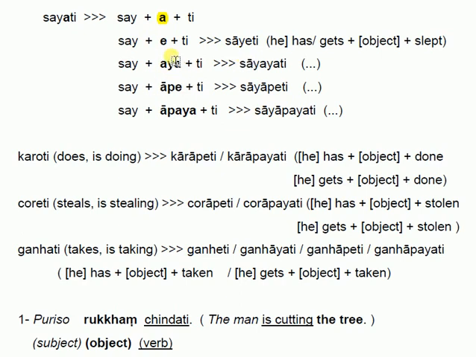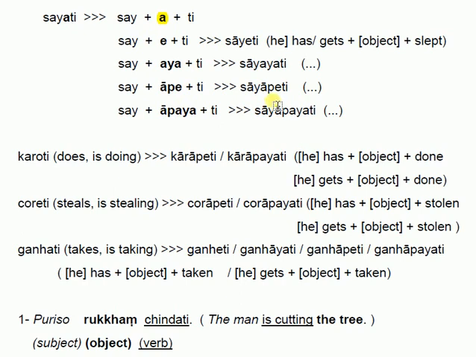Also we can add aya, then sayayati, and we can add ape, then sayapeti, or we can add apaya, then sayapayati.